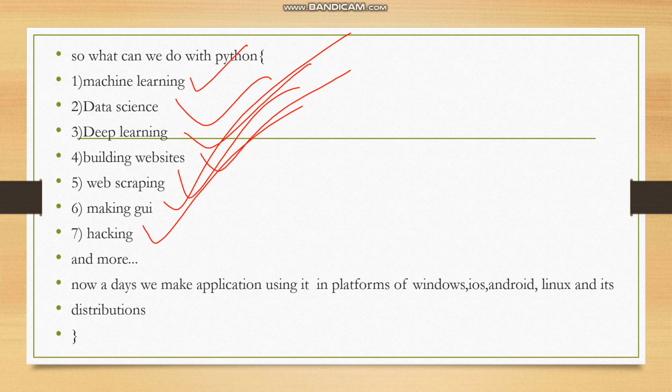Building websites means we can write the backend of a website. Nowadays, we can make applications on various operating systems like Windows, iOS, Android, Linux, and Linux distributions.